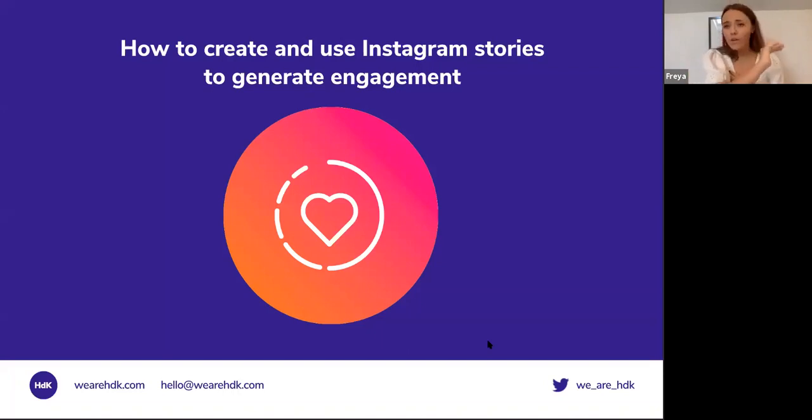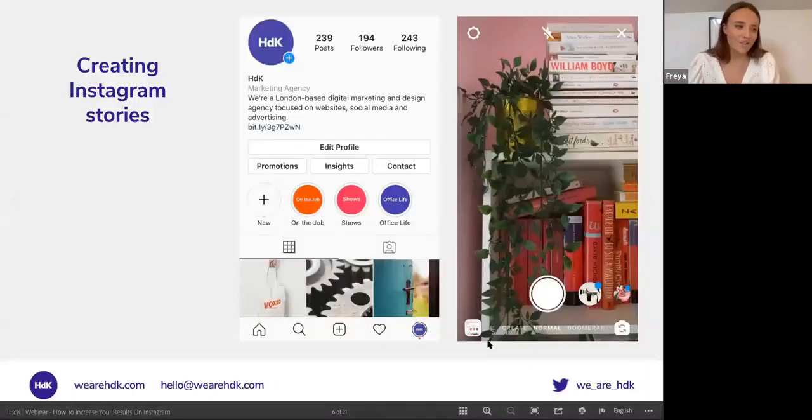They come up right at the top of the screen when you log onto Instagram, so they're the first thing you see. They're a great way to quickly build up your engagement on the channel and ultimately beat the algorithm.